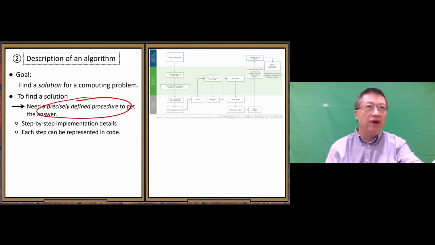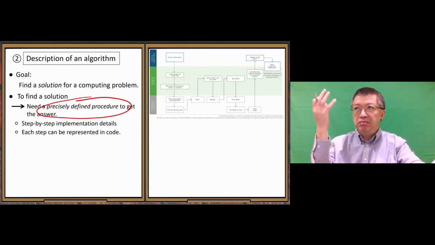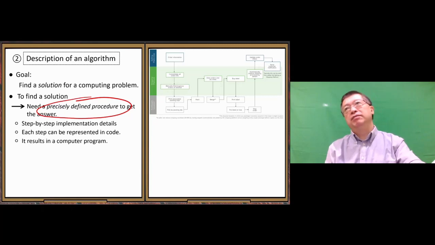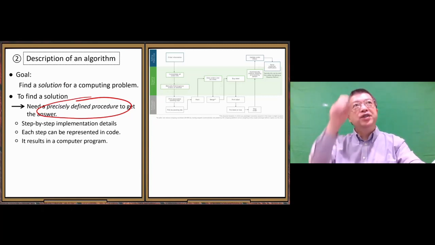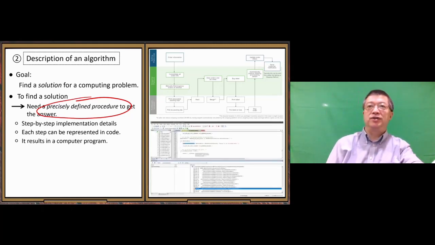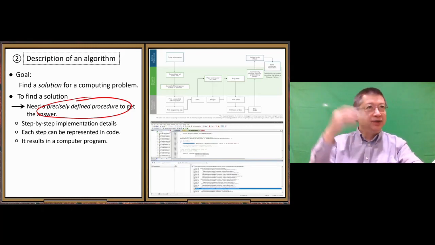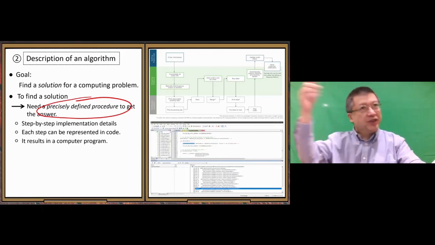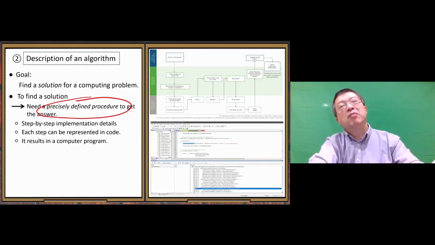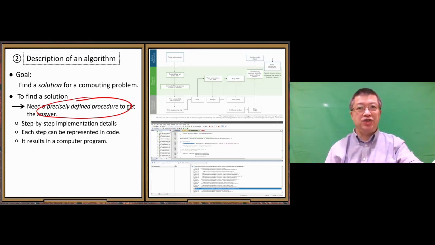Eventually, you need to convert each step into pseudocode first. Finally, you write computer high-level language code. Then you do testing, fixing problems, so you complete the solution. So that's the procedure detail.